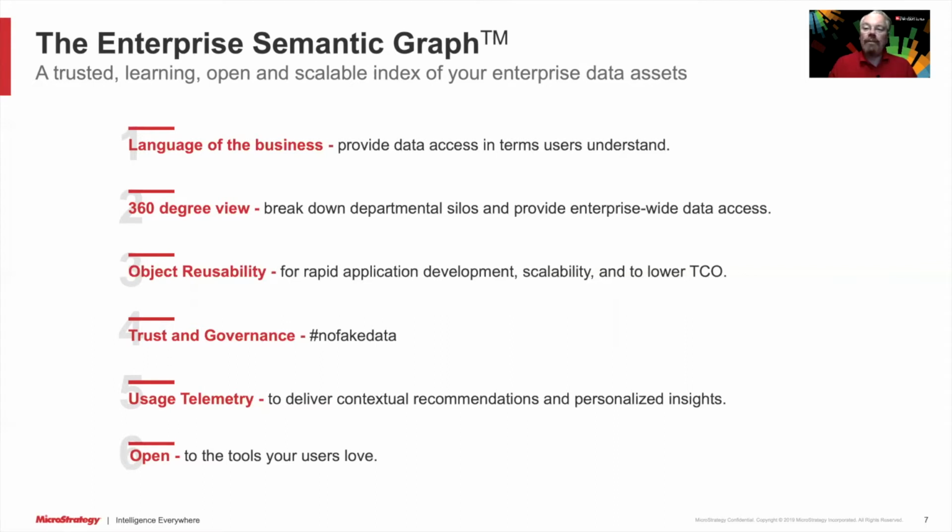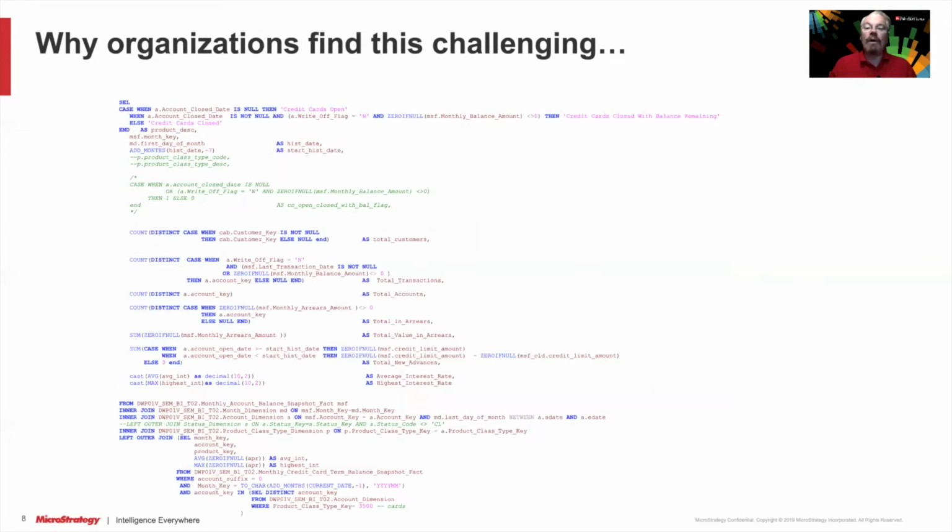Now, there's a reason why organizations find this transition from visualization tools to a full semantic graph difficult. And this is why. In our experience, every organization has queries, and it's the queries that make this process difficult. We see companies all the time where a query is the recognized method for getting data into a report or a dashboard.